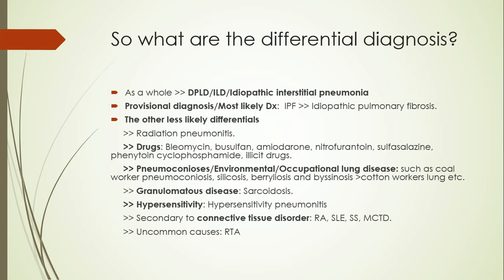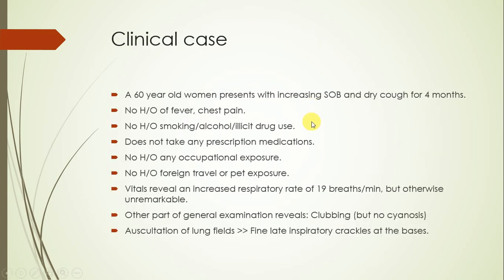If we go back to our previous slide, you can see some negative points, such as the patient does not have any history of drugs, no occupational exposure, and there is no other significant medical history, meaning she did not have any other diseases which might lead to a pulmonary fibrotic disorder.